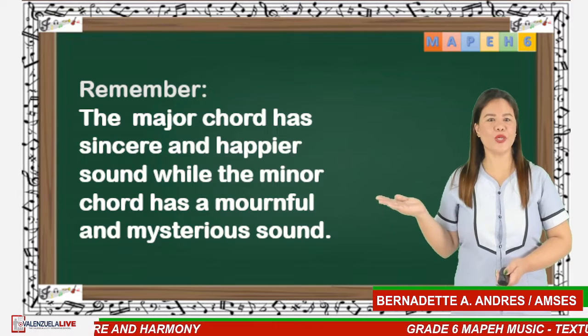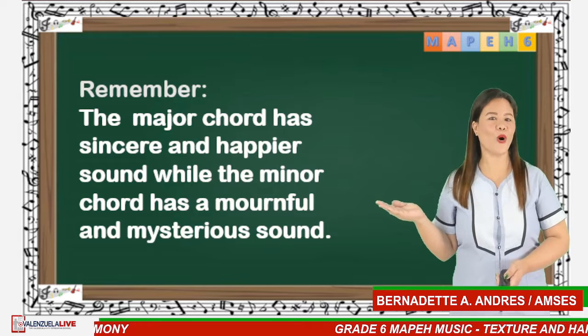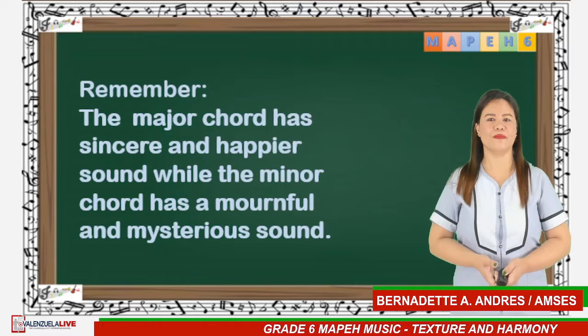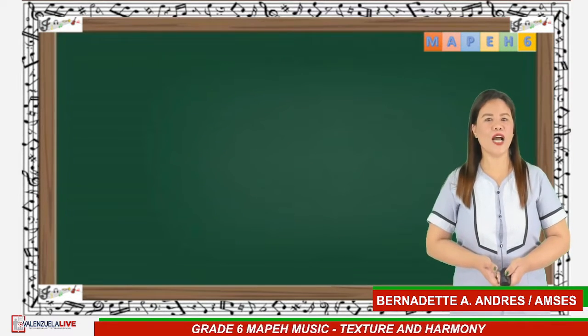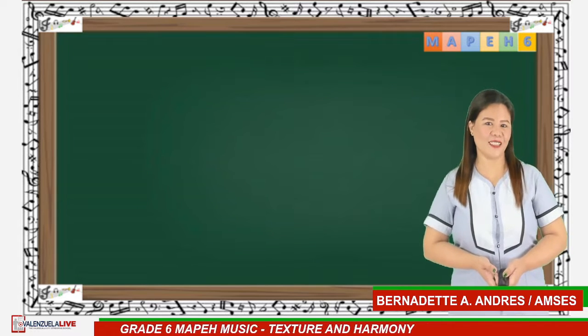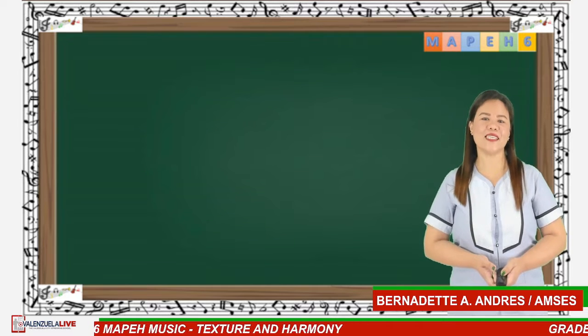Remember, the major chord has a sincere and happier sound, while the minor chord has a mournful and mysterious sound. Grade 6 learners, do you have any questions about our topic for today? If none, excellent! Did you understand our lessons for today?